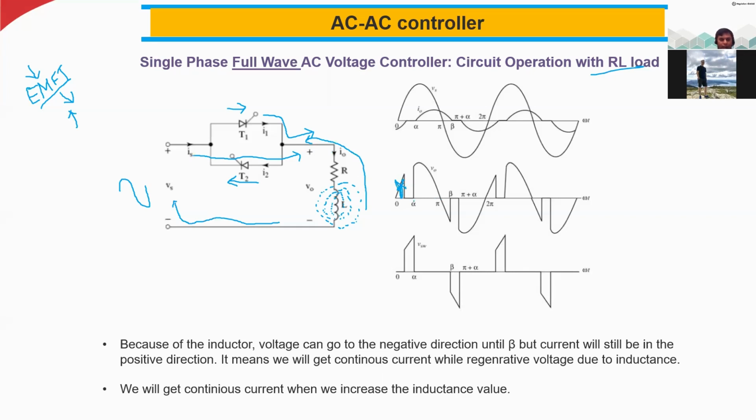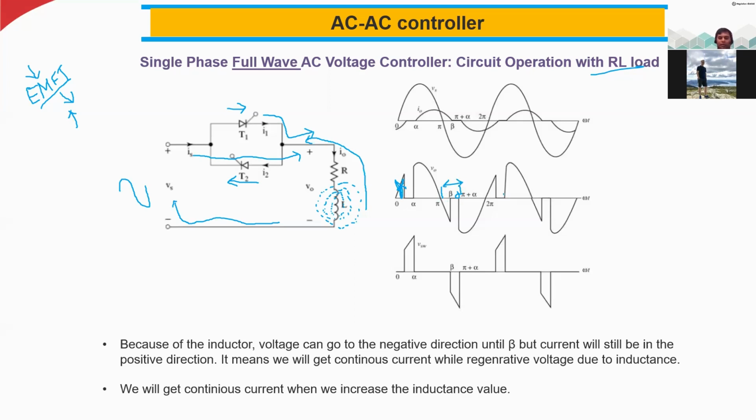So here you can see, I am starting the alpha here, maybe 30 degrees. The positive half cycle is conducting up to pi, 180 degrees. Then for the negative half cycle, of course, I start the alpha at 30 degrees here, at pi plus alpha, because this is alpha and this is pi plus alpha. And in between this gap, there should not be any output voltage or output current, right?